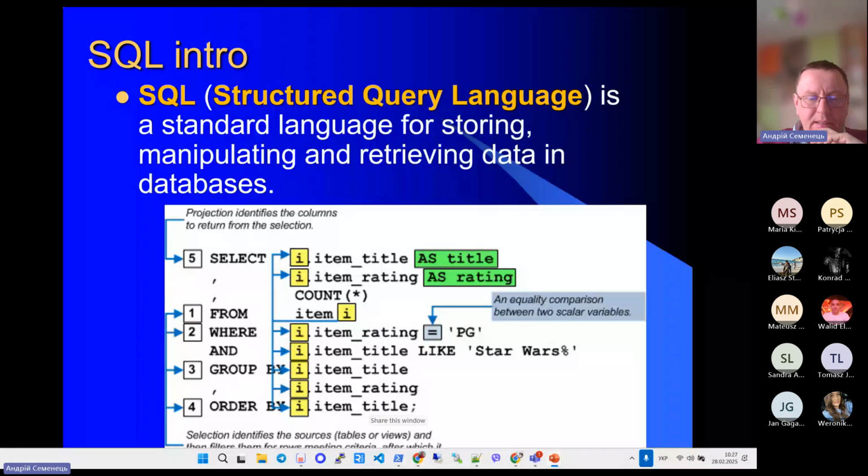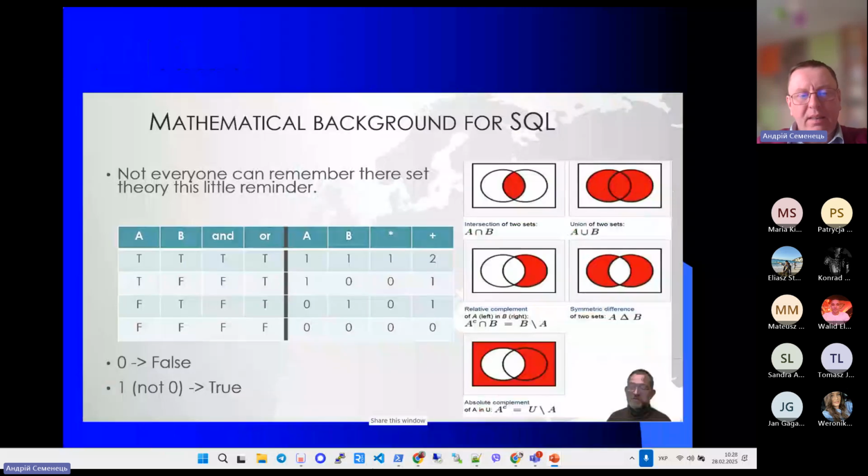With this syntax, we can do any operation over a relational database, including both database development as well as data management. Here we have an example of a data management operation, like retrieving data from a relational database. But again, as I said, with SQL we can even create a database, insert data, and so on.